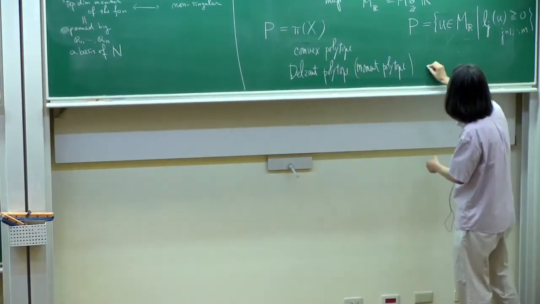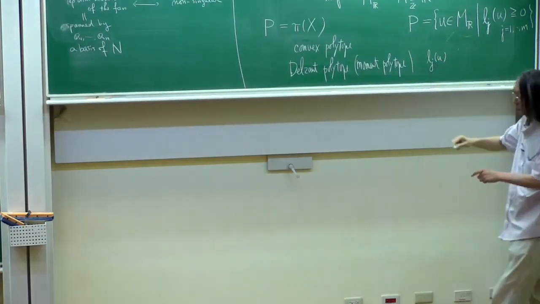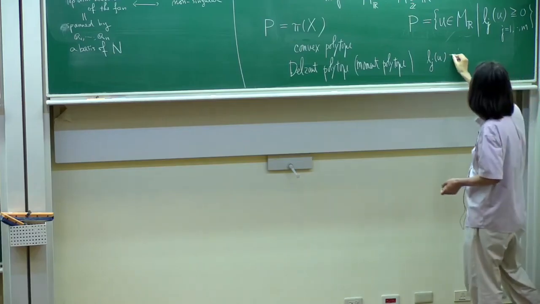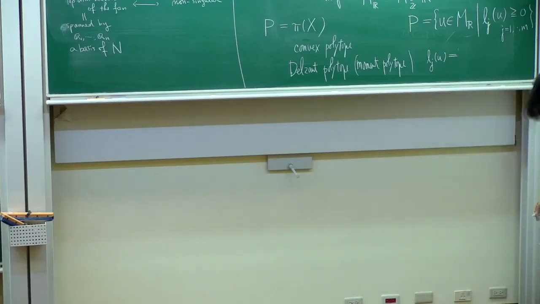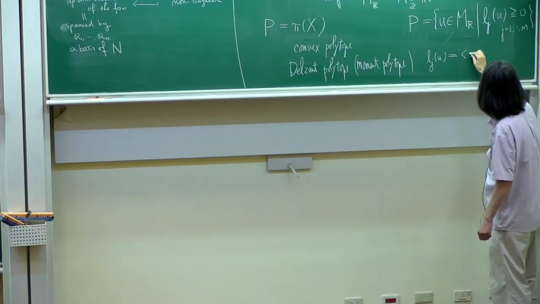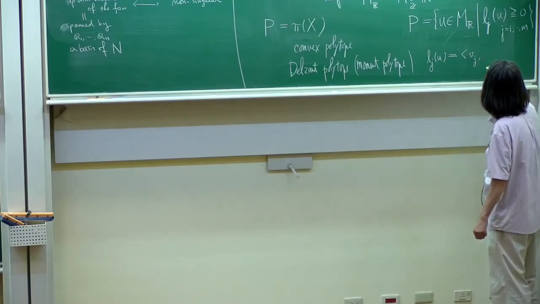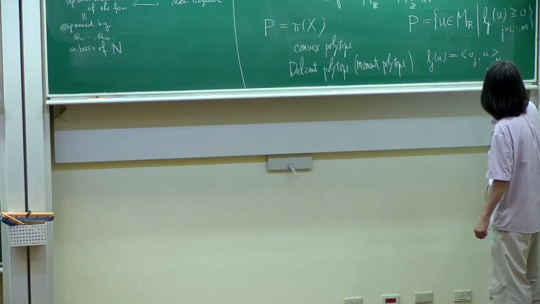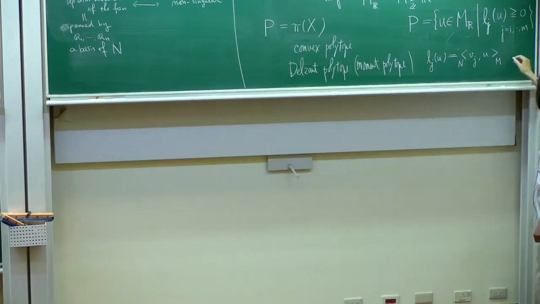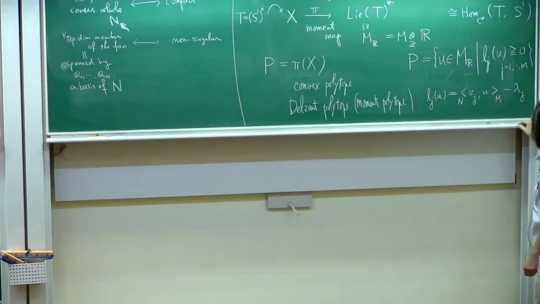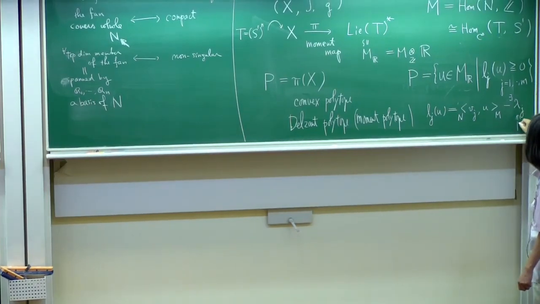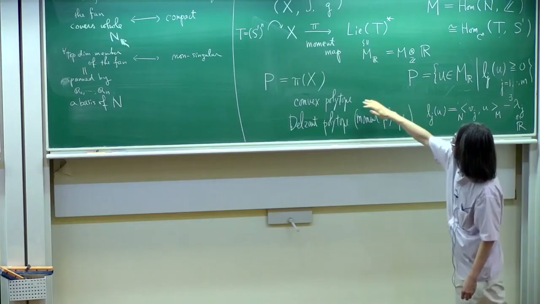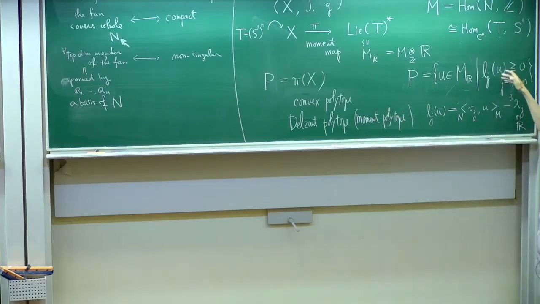So this L_j is an affine function, so that the linear part is integral, with integral coefficients. And so here I take v_j paired with u. So u is from the M side, and v_j is from the N side, minus lambda_j. So this convex polytope is defined by a collection of affine inequalities, and therefore I have to give the affine function here.